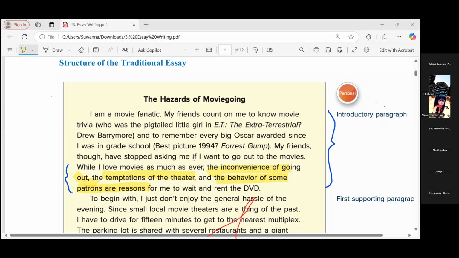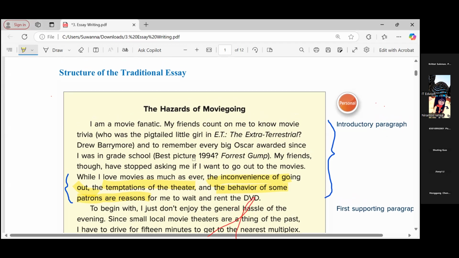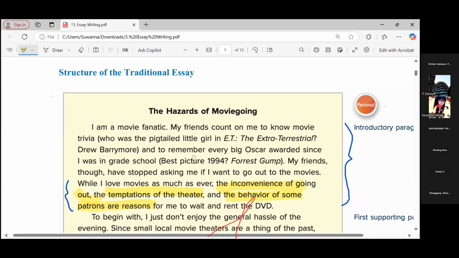Just now we are focusing on the introduction, okay? From the introduction paragraph, can you identify the three points that the writer deals with in this essay? I think, yeah, let me just show you the answers, right? Because I just highlighted them for you, yeah?